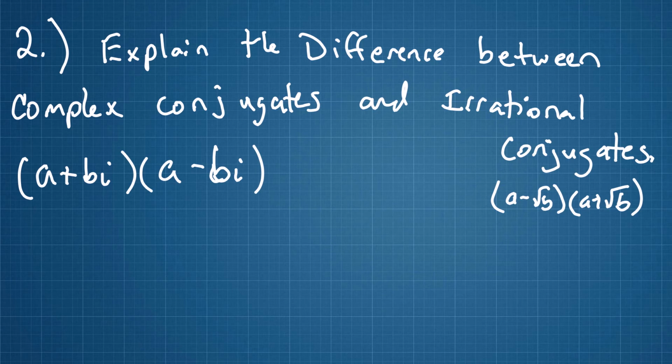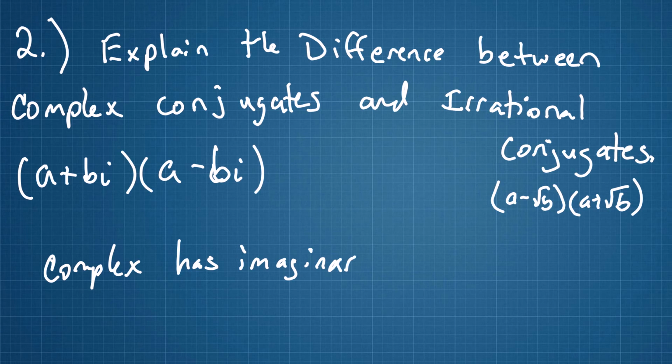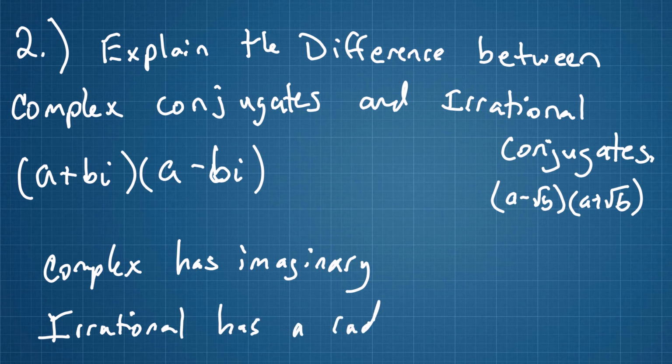So they still both have a real part, but these ones have radicals. So complex has imaginary parts. Irrational has a radical. And that's it.